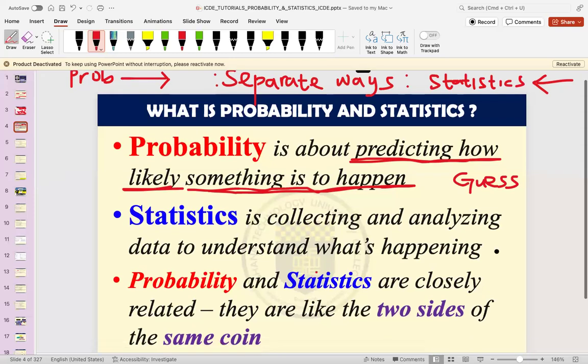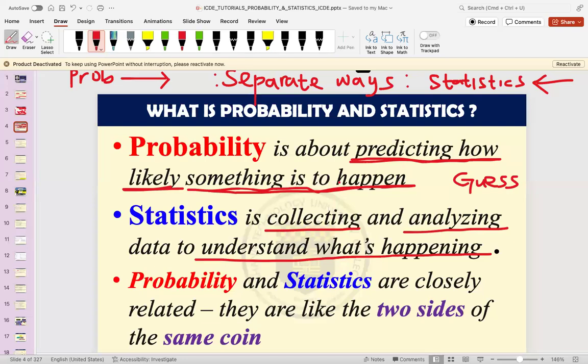So statistics is when you collect data and then you analyze the data to do what? To try and understand what is happening. It's different from what I read earlier for probability. Probability is about predicting how likely something can happen.